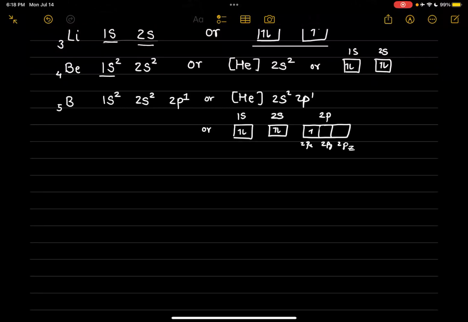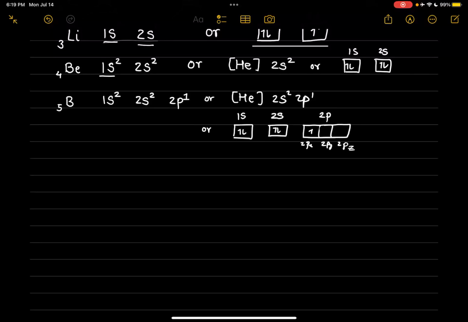Now we need one more special rule out of those 3 rules. N plus L tells us whether to fill 1s or 2s or 2p. Once you have that, how many electrons are you going to put in one single orbital?